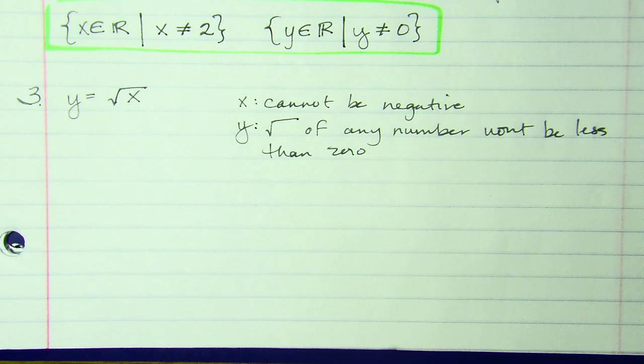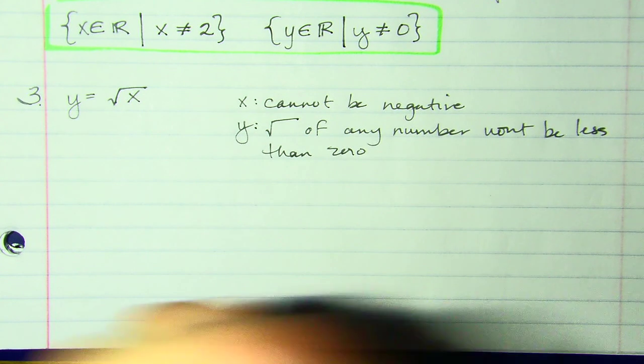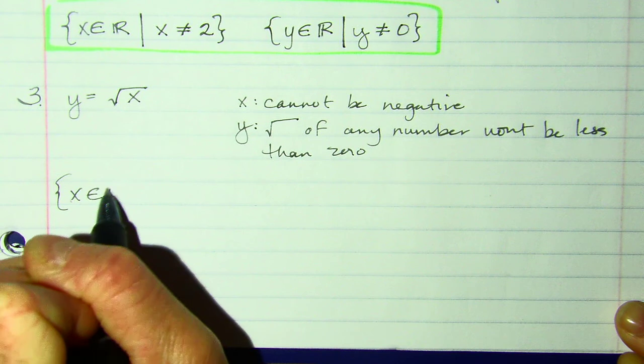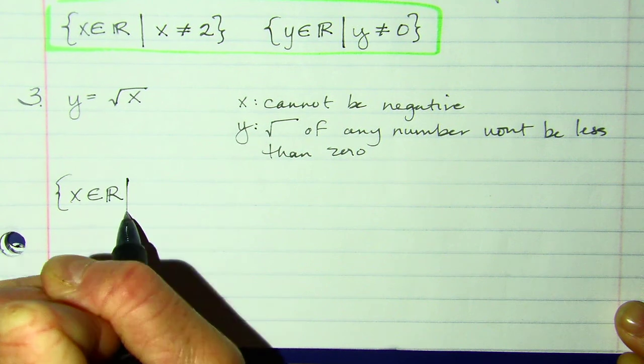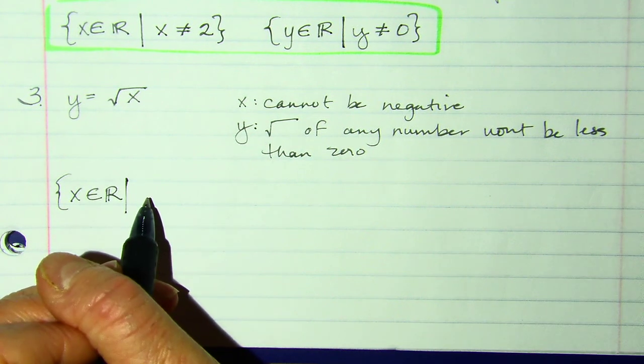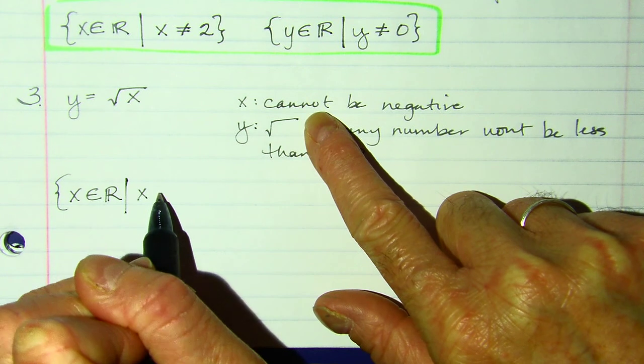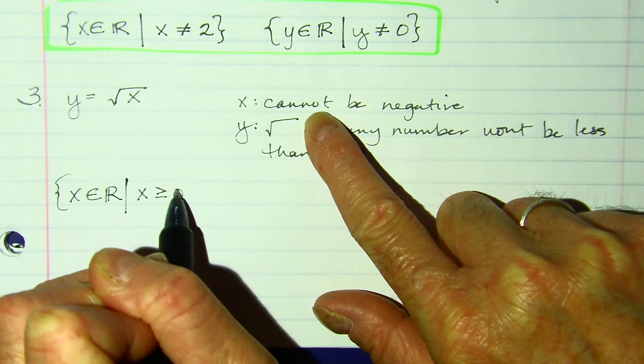The smallest number I'm going to get is 0. So I would say that x is the set of all real numbers such that, now I have to list my limits. X cannot be negative. So if x cannot be negative, it could be greater than or equal to 0.